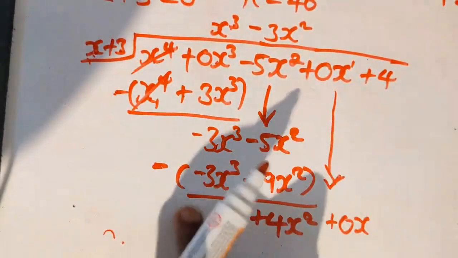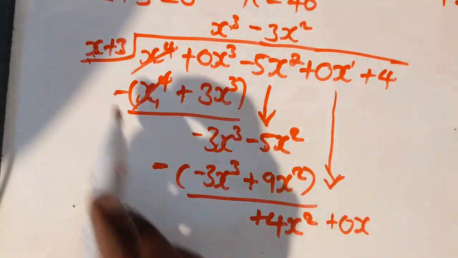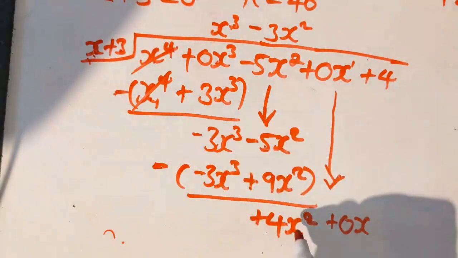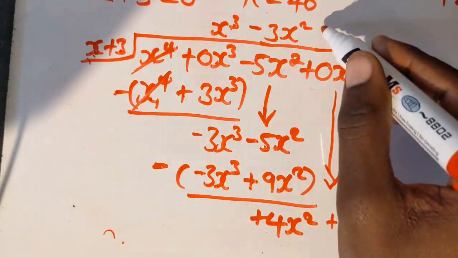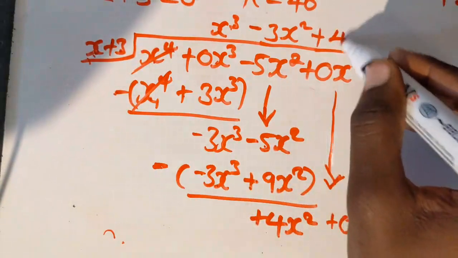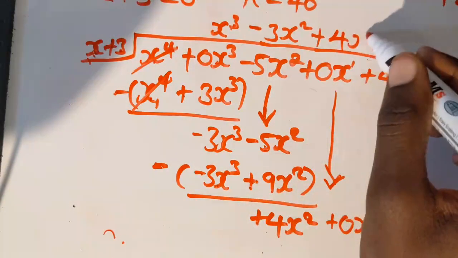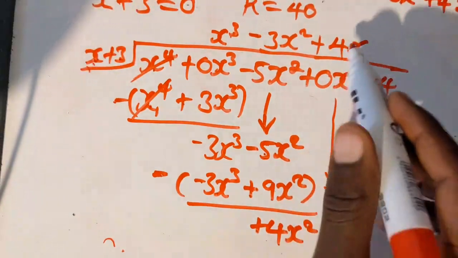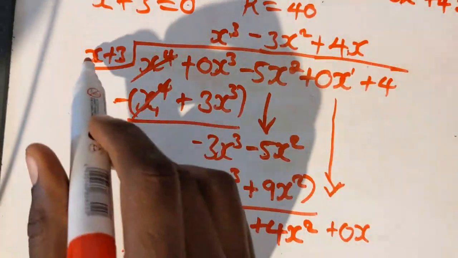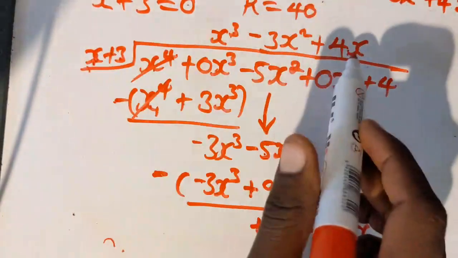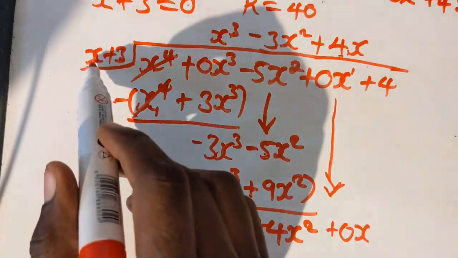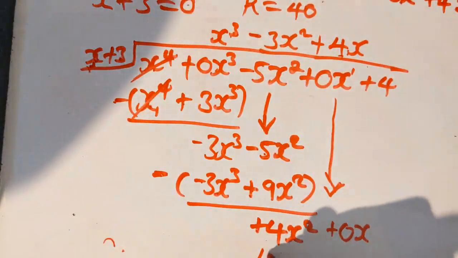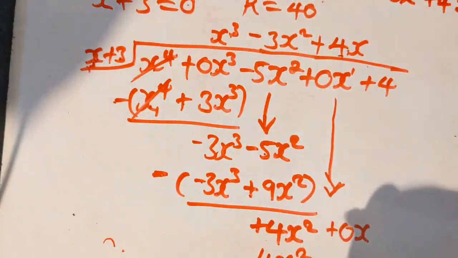All right, so x into 4x squared is going to give us positive 4x. Then positive 4x multiplied by x is going to give us 4x squared.